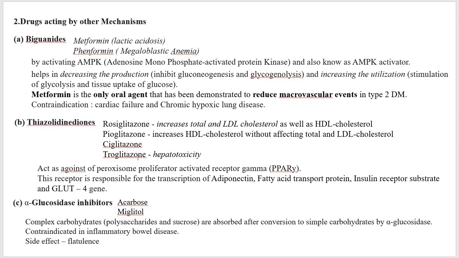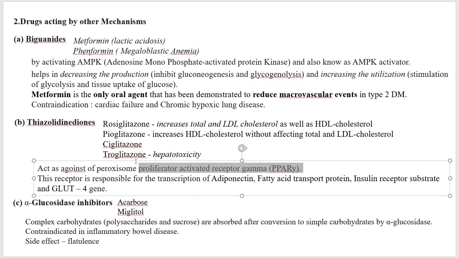Then troglitazone has a severe hepatotoxicity, because of that it was withdrawn from the market. Okay, and these drugs act as an agonist for peroxisome proliferator activated receptor gamma. Okay, PPAR.